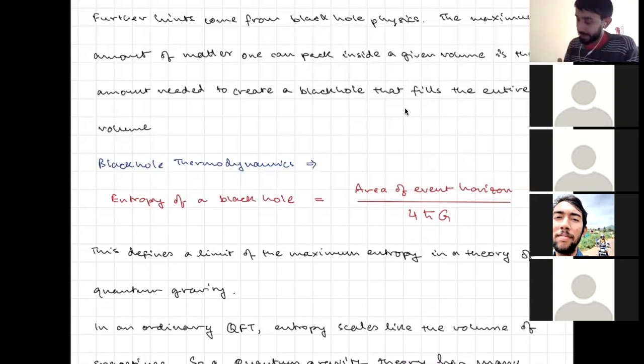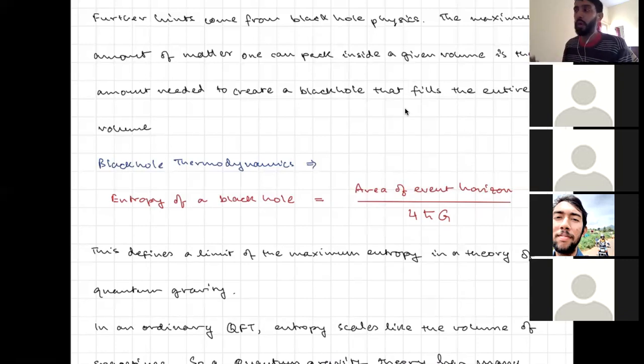The very interesting thing is that the entropy in a theory of quantum gravity is going like the area, right? Remember that usually your entropy is sort of like the volume, right? In any sort of theory, it's sort of an extensive object in a usual system.